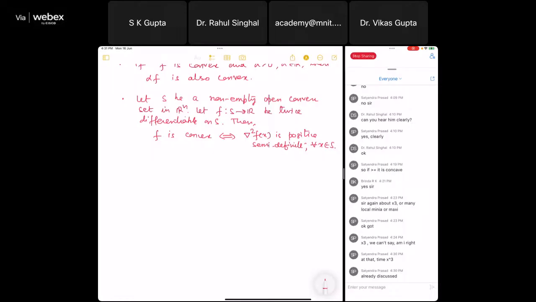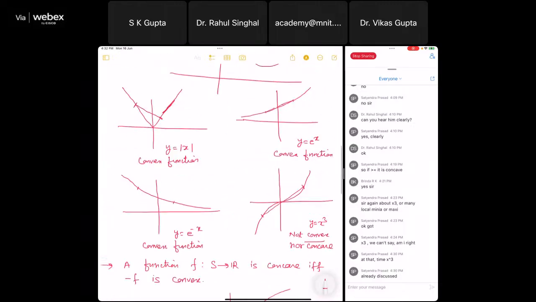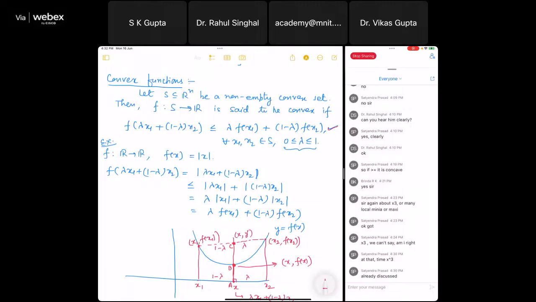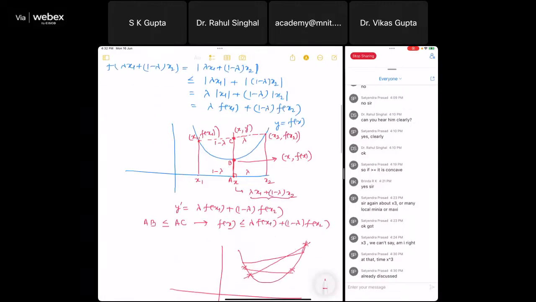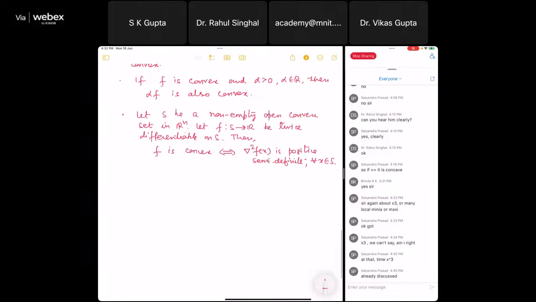If it is not differentiable at all, then we go by the basic definition of a convex function. That definition will be helpful in determining whether a given function is convex in that case. But if it is differentiable, then we have a few concepts by which we can say whether a given function is convex or not.